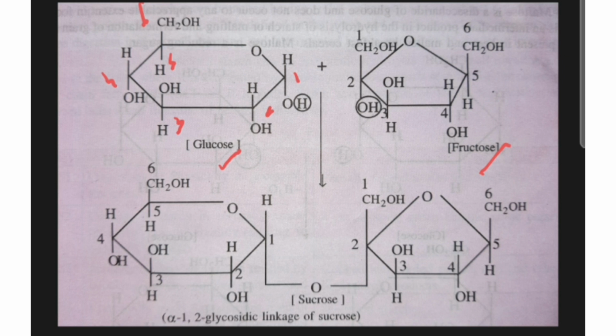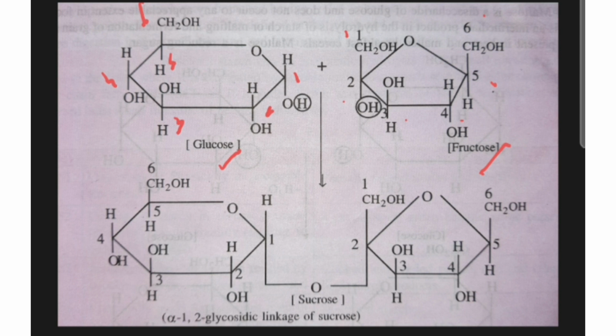And here you can see it is the fructose, but the fructose is present in the reverse side. That means it is the first, the second, the third, the fourth, the fifth and the sixth carbons. You already know the fructose has a structure called the furanose structure, because it has a 5-membered ring.